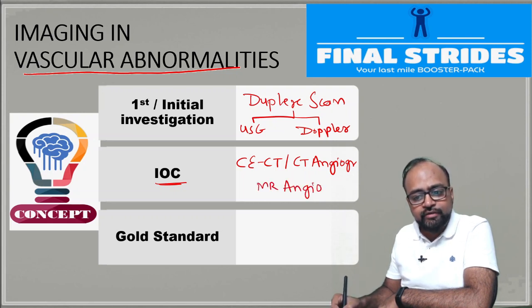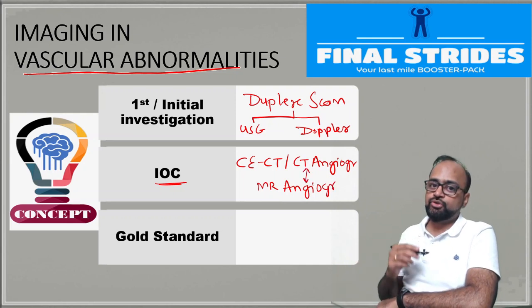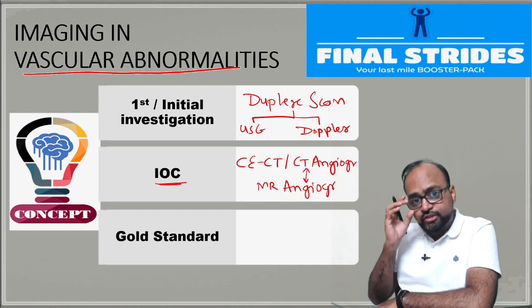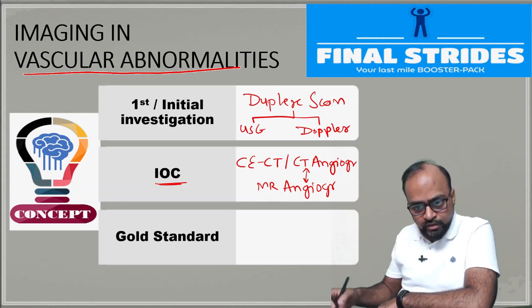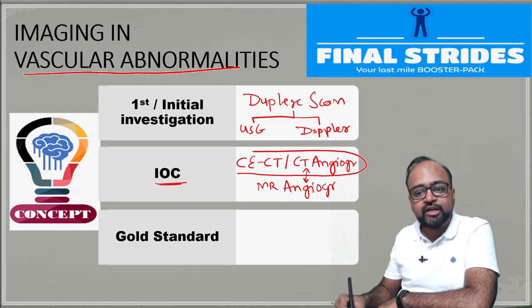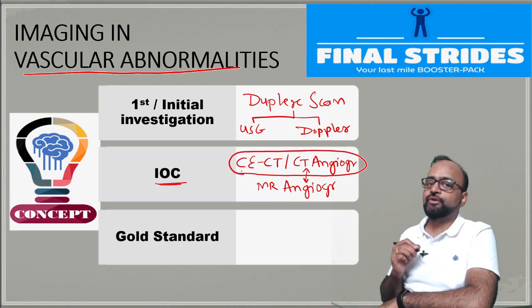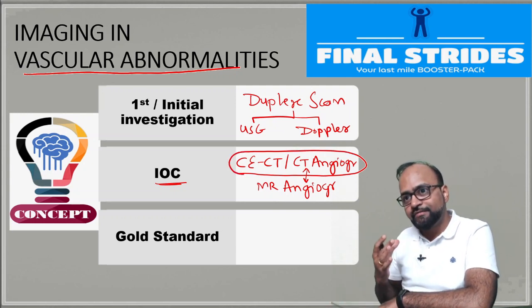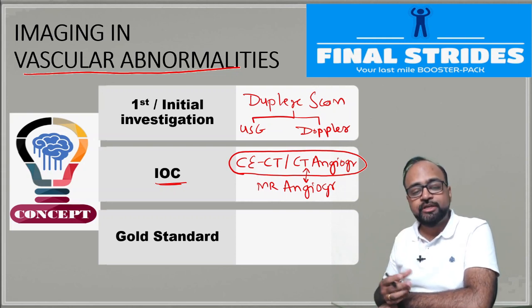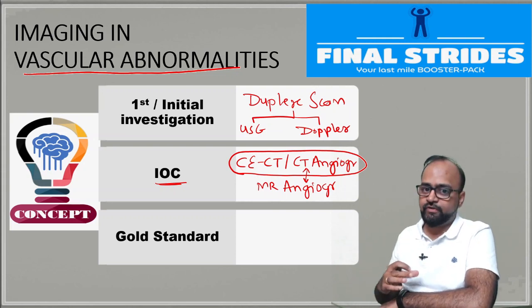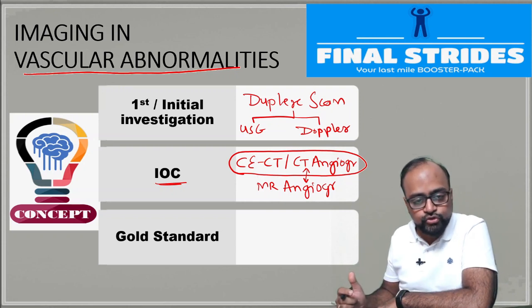It is very difficult even today to choose between CT and MR angio because both of them are excellent techniques, both of them have their pros and cons, but what is more commonly used, which is quicker, more readily done, is a contrast enhanced CT or CT angiography. If a patient is having renal failure, contrast cannot be injected, follow-up studies are to be done, elderly patients, then MRI is preferred, otherwise CT is the investigation of choice.